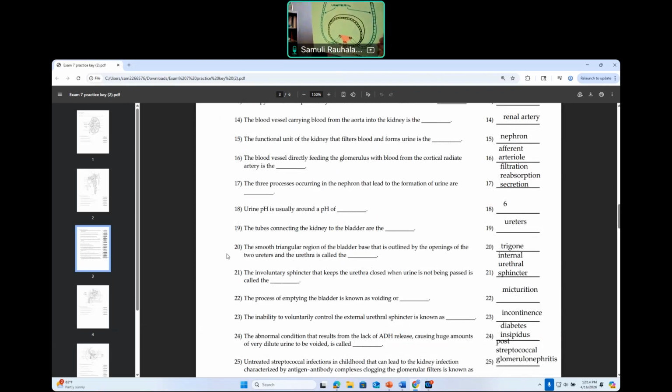And the third opening is that for the urethra that carried urine from the bladder to the external world. And if you imagine lines connecting these three structures at the bottom of the urinary bladder, these form a triangular shape, so that is what we refer to when we talk about the trigone, seen in question 20.